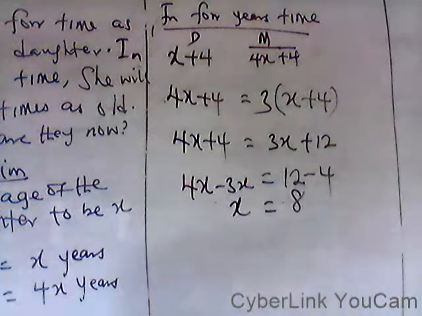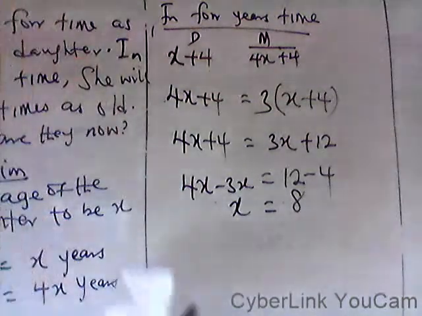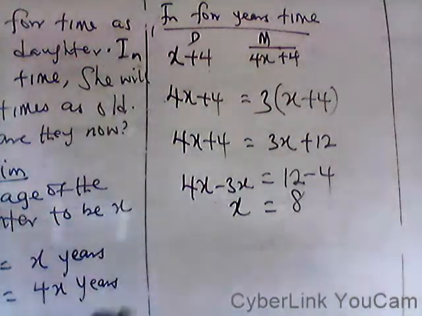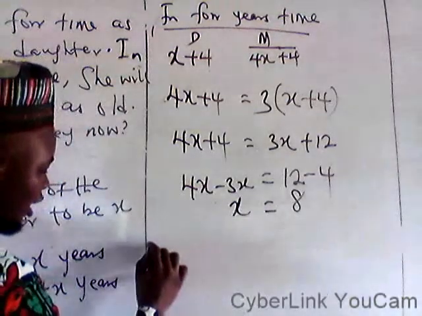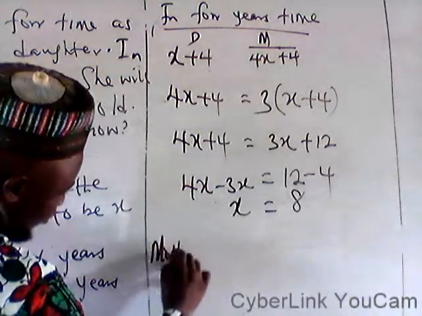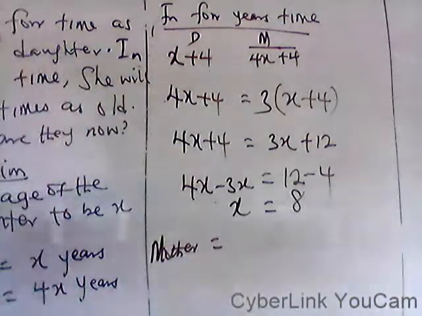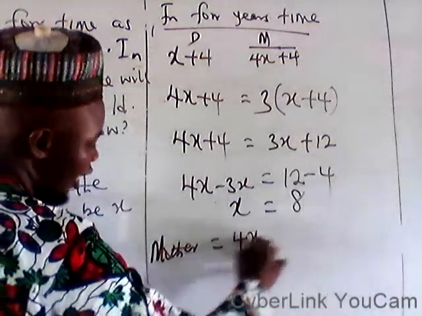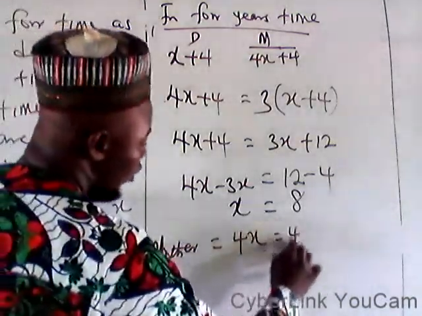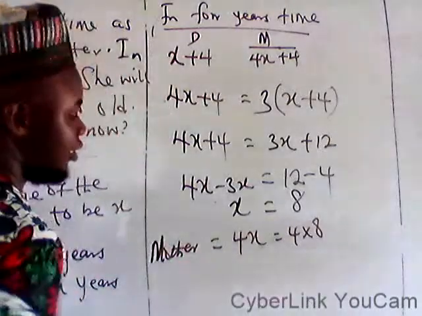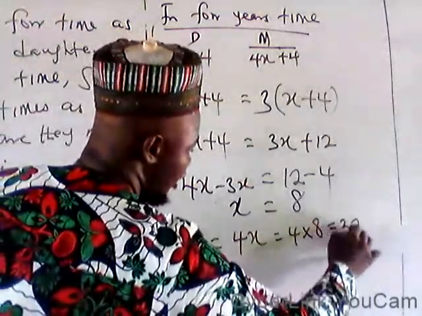So if the daughter is 8 years, then how old will the mother be? So daughter is x, the mother now, from what we have up, the mother is 4x. And that be 4 multiplied by 8. And that be 32.